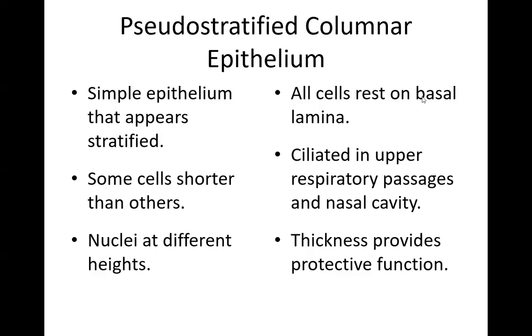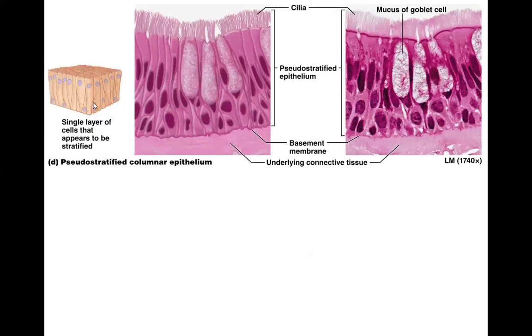All the cells rest on the basal lamina, and they are ciliated in the upper respiratory passages and the nasal cavity, and the thickness provides a protective function. That's an example of pseudostratified columnar epithelium, and this is your basement membrane, and that's the underlying tissue.